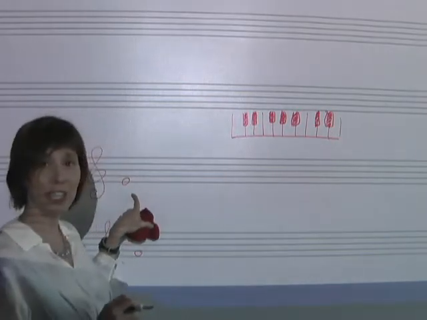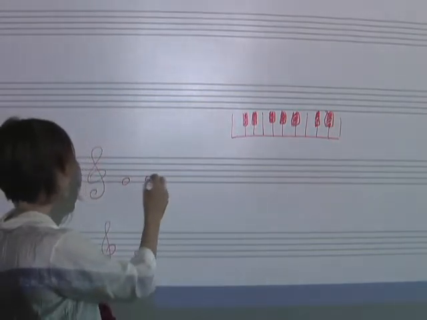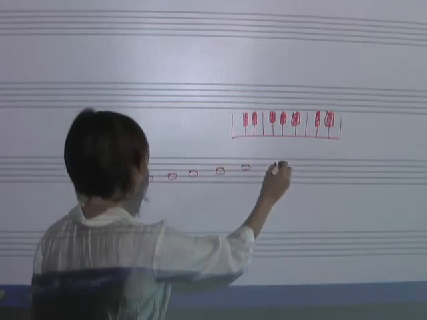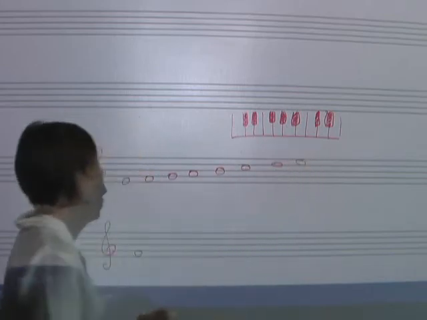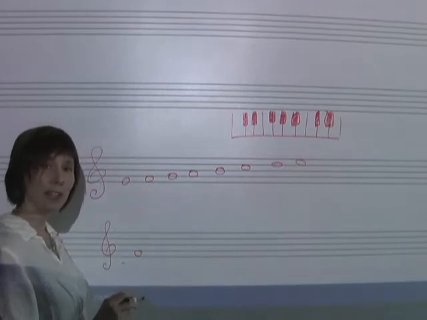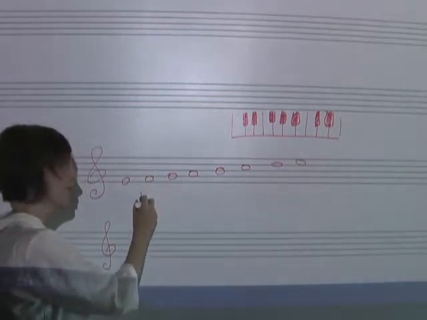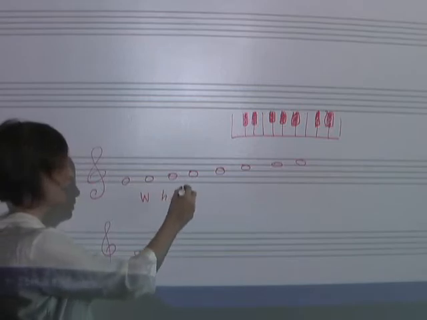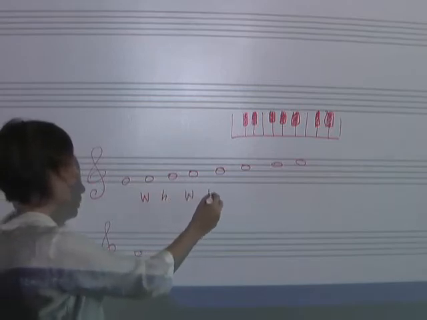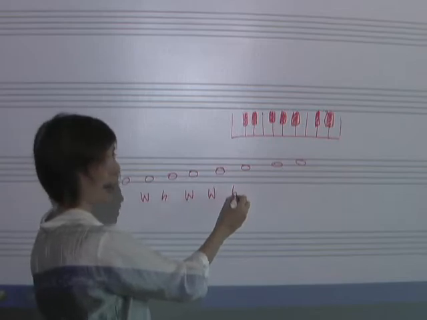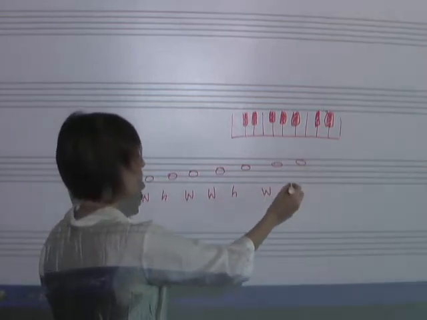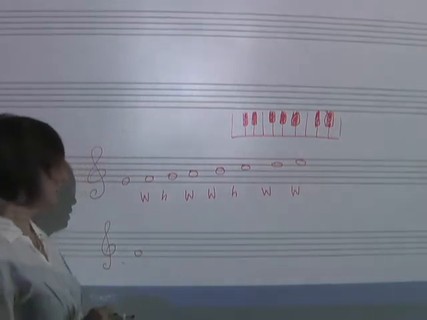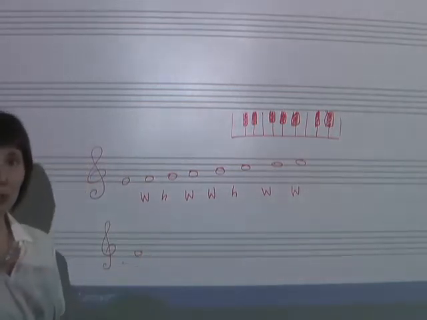We're going to start on E. Remember our pattern? How does it go? Whole, half, whole, whole, half, whole, whole. Good. Okay, now let's use that to make our natural minor scale.